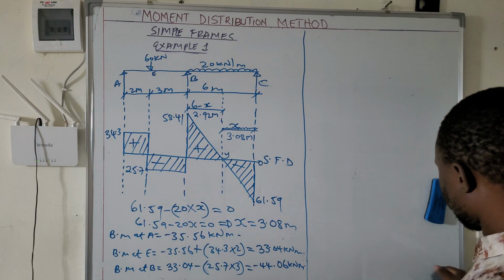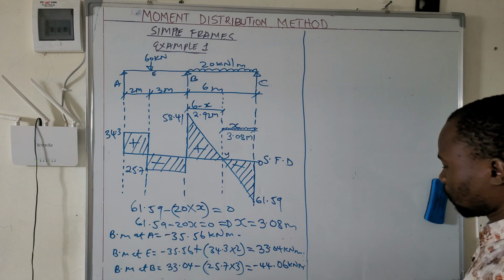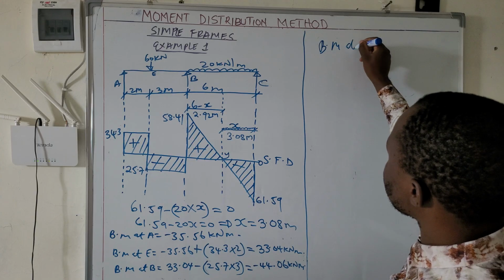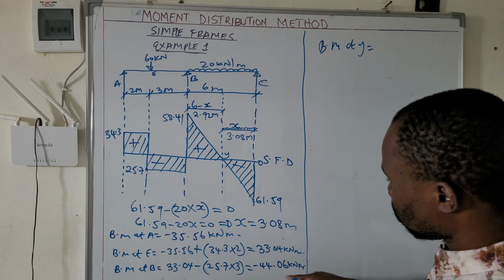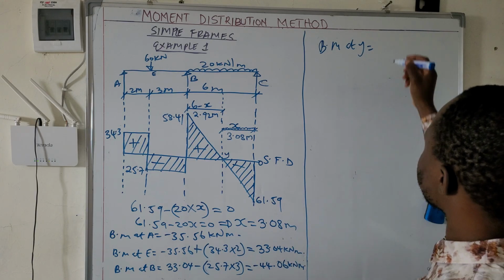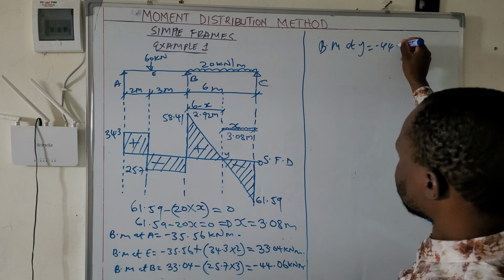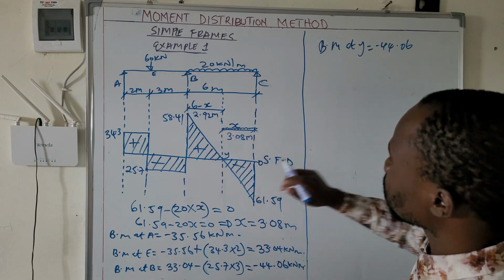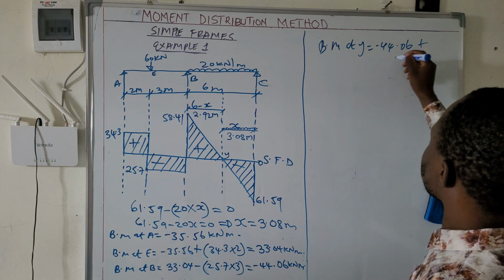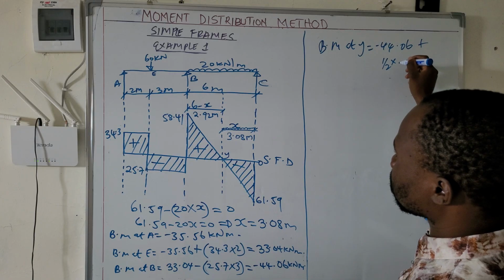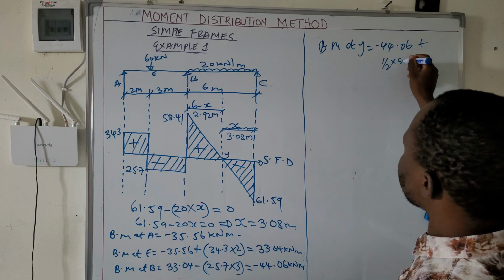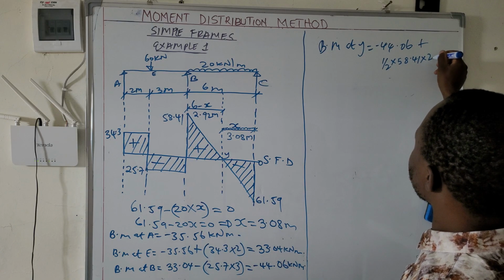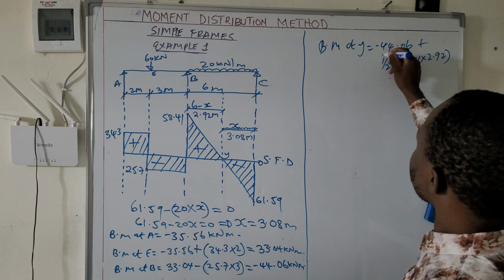So bending moment at Y will be bending moment at B, which is negative 44.06, plus this area, so plus a half times 58.41 times 2.92.